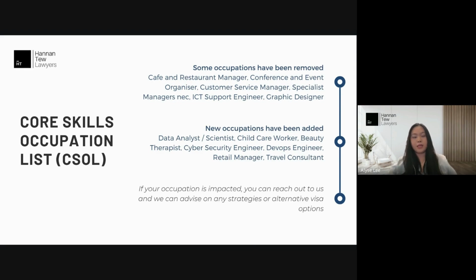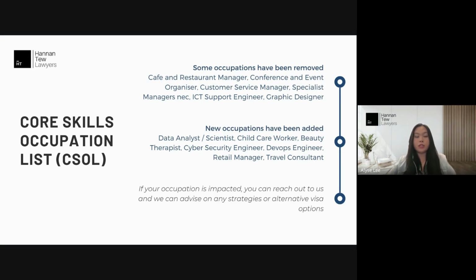So obviously this is pending confirmation on the occupation, so it can't fall into those three categories I mentioned, the technician, trade workers, machine operators, and drivers and labourers. They could still be eligible to apply under the specialist skills stream. Another option is we could potentially look at whether another occupation could align. So for example, if there are any role changes or upcoming promotions, we can review the position description and see if we can align it to an occupation that is sponsorable.